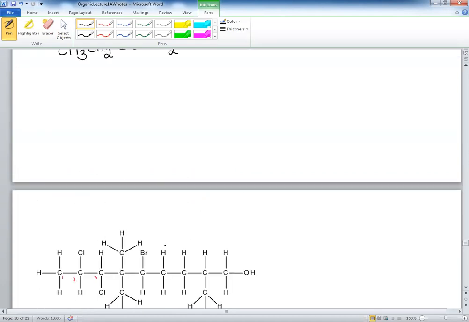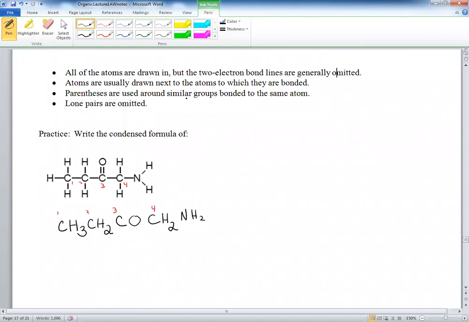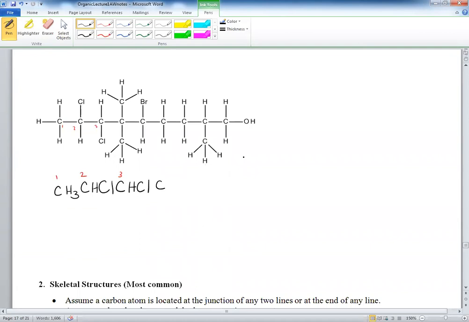Okay. If you go back up here, it says parentheses are used around similar groups bonded to the same atom. Okay. So if you look here, there's a CH3. There's two of them. Here's a CH3, and there's another CH3. Now, if you list CH3, CH3, whoever is reading may think that there are two CH3s attached to each other. So what you do in this case is the following.